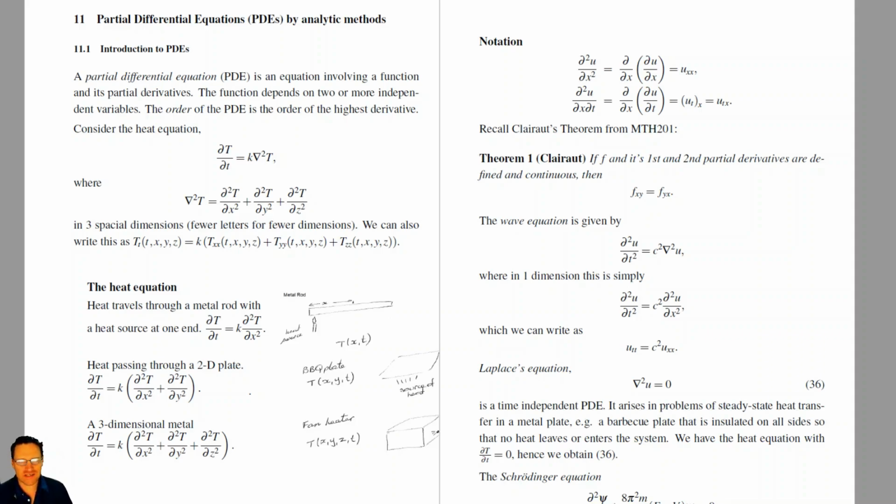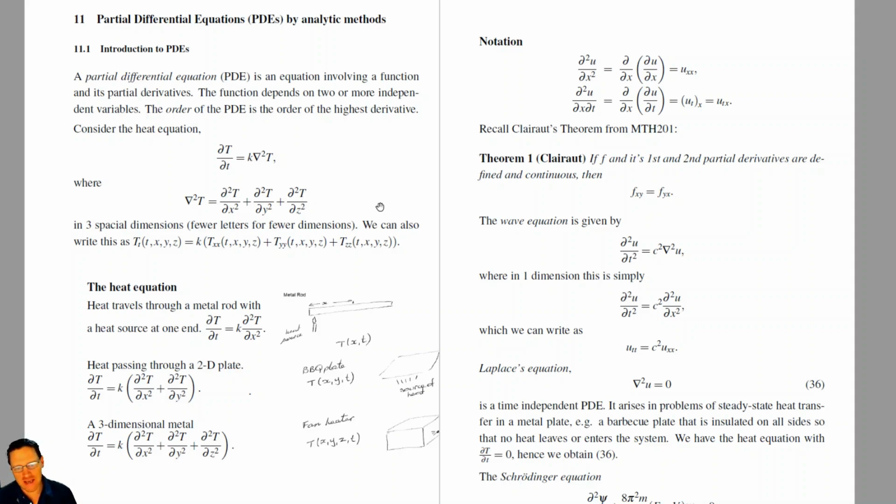The rate at which the temperature changes with respect to time. So that's partial T on partial t, but there's an uppercase and lowercase there. So the rate at which the temperature changes with time is proportional to nabla squared of T, where nabla squared is the sum of the second order partial derivatives with respect to each of the spatial dimensions.